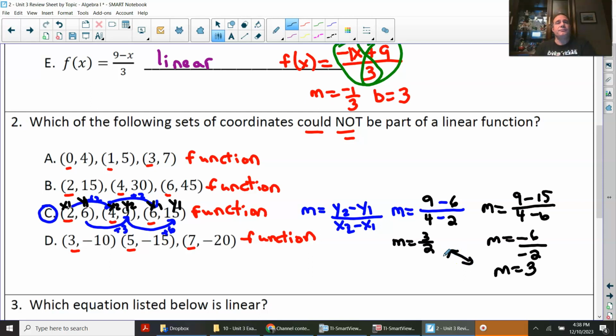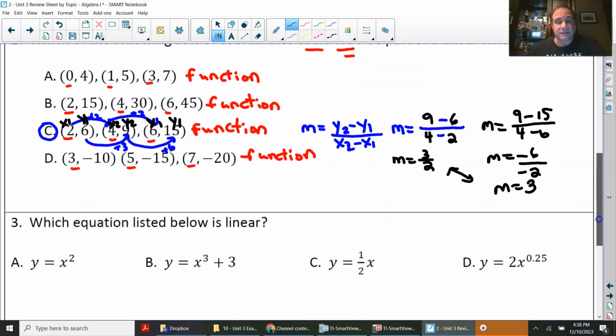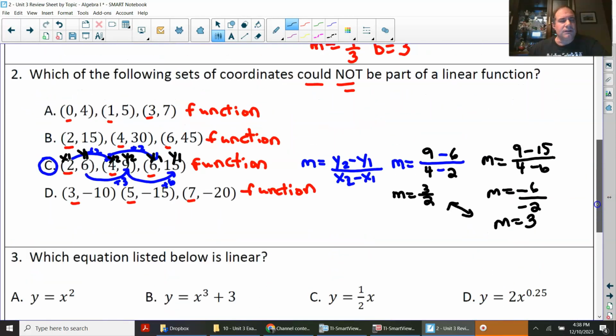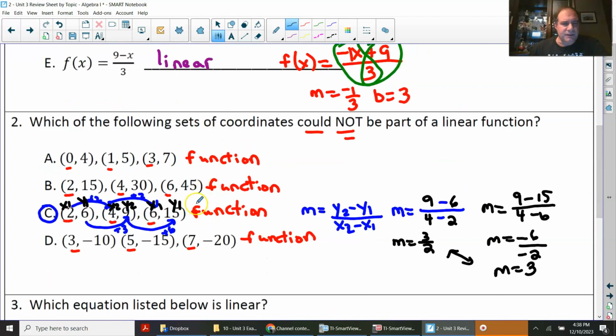I didn't have to do that, but if you want to go through the slope twice, the slopes are supposed to be the same, and if they're not the same, that means that it's not linear. So this is a nonlinear function. So C is your answer.